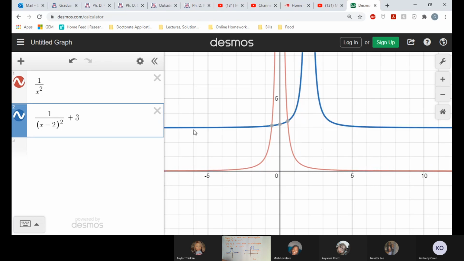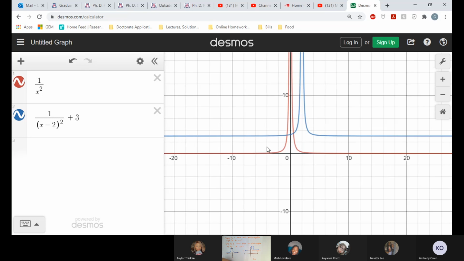Very important where you add and subtract this stuff. These reciprocal functions can be really weird in their graphs. So I need to be very particular about the way I type it in over here. It has to be exactly the same as what I wrote down in the problem. And if I zoom out a bit, you can see how it's been scooted over and lifted up. If I showed you this picture, you could tell me it's going to scoot right by 2 and up by 3.